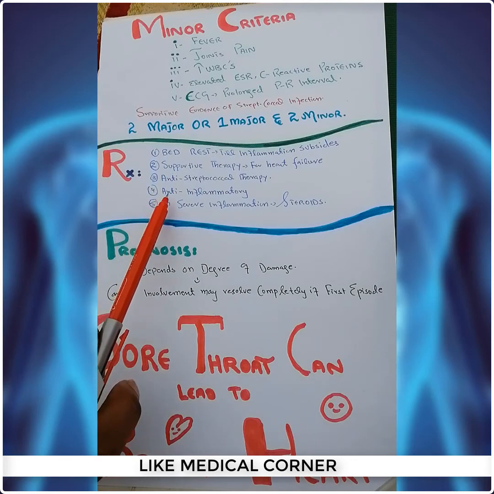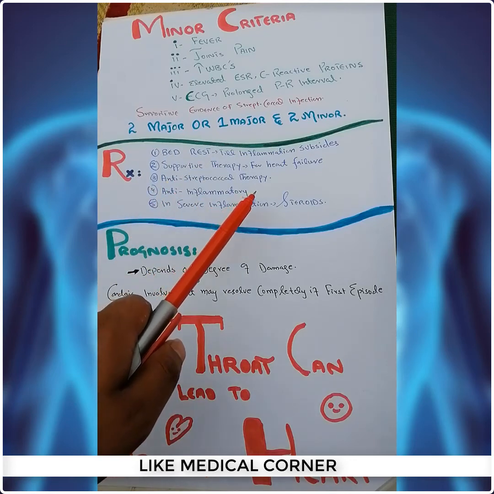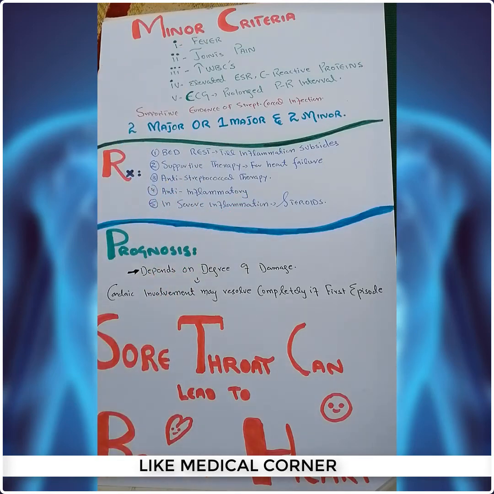The fourth one is anti-inflammatory therapy. We can give NSAIDs and other anti-inflammatory medicines to control the streptococcal-produced inflammation. And the last one is, in severe inflammation, we can give the patient steroids to decrease the inflammation.